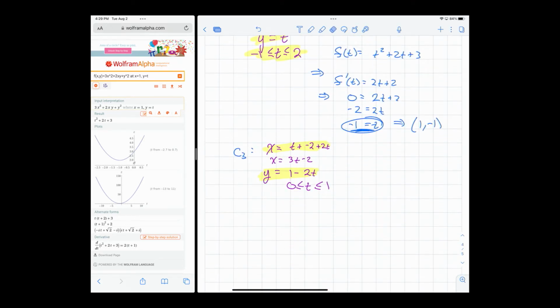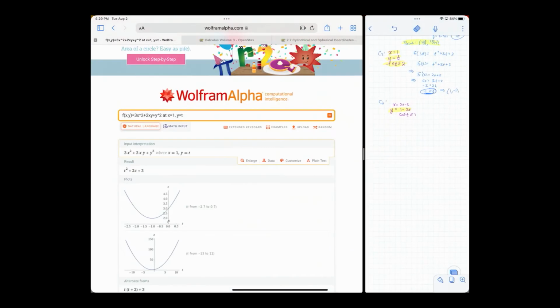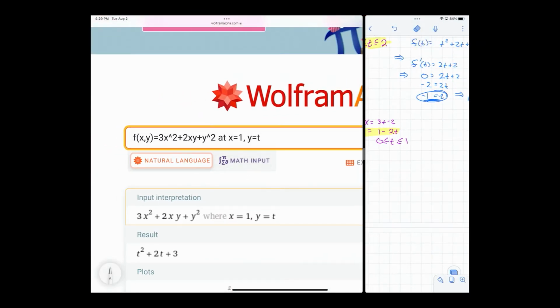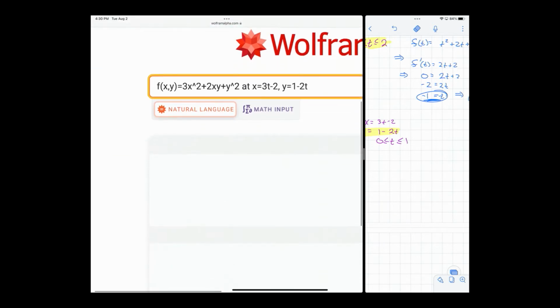There's my C3. Oops, not what I want. It's the top one, we don't need. Okay, so again, we need to plug that into our f to get the equation. x equals 3t minus 2, and y equals 1 minus 2t should do the right thing.